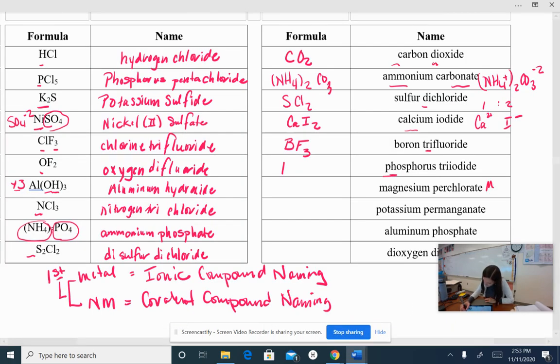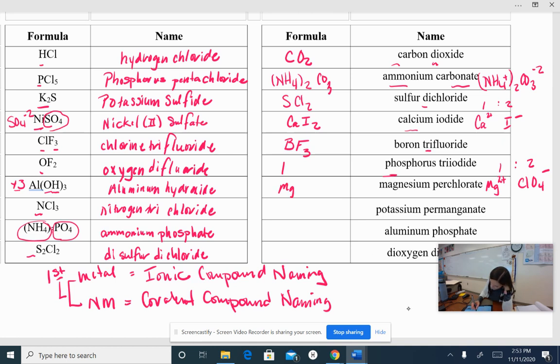So magnesium is a +2. Perchlorate is ClO4 -1. Okay, how am I going to balance those charges so that the overall charge becomes 0? I'm going to need 1 magnesium and I'm going to need 2 perchlorates. So Mg(ClO4)2.